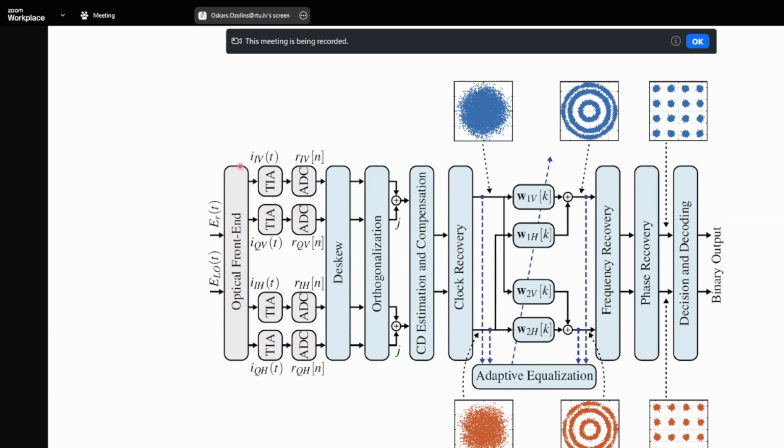We've been looking at the optical front end, which has an optical hybrid, where we can mix a local oscillator and the incoming signal together. In the case of polarization multiplexed signals, you have four balanced photodetectors, in pairs. After each pair of balanced photodetectors there's a transimpedance amplifier, and these two are for I and Q in V polarization, and these are for I and Q in H polarization.